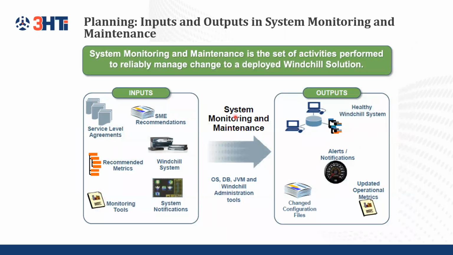So the idea is, based on SLAs or recommendations from subject matter experts, and all information available to us through the tasks I'll go through in a minute here, we should be able to have a healthy Windchill system with alerts set up, and be able to operate at peak efficiency.